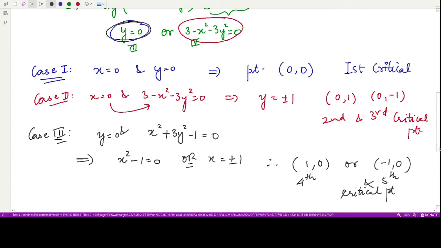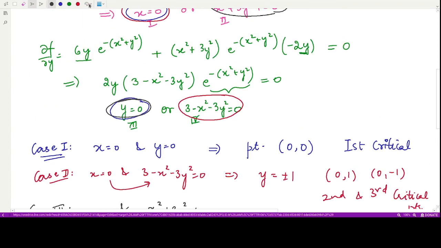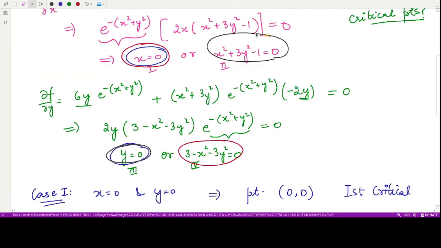For the last possibility, in case number 4, you have the second term for x and the fourth term for y together. So you have x square plus 3y square minus 1 is equal to 0, and simultaneously 3 minus x square minus 3y square is equal to 0.